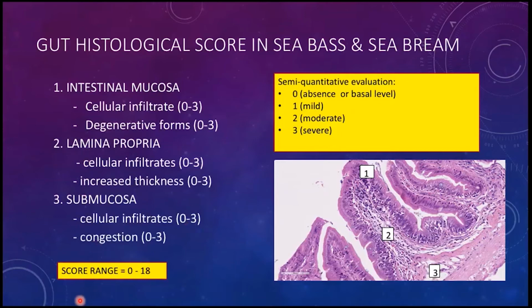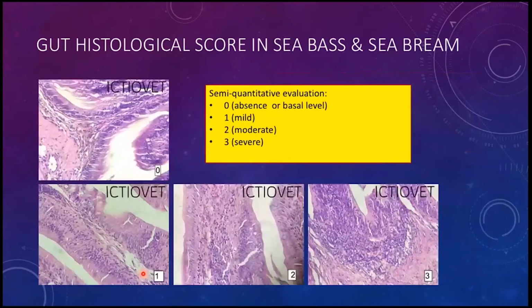This way, we get a histological score for each of the histological features that we are assessing, but we can also add all the scores and get a total intestine score ranging from 0 to 18.